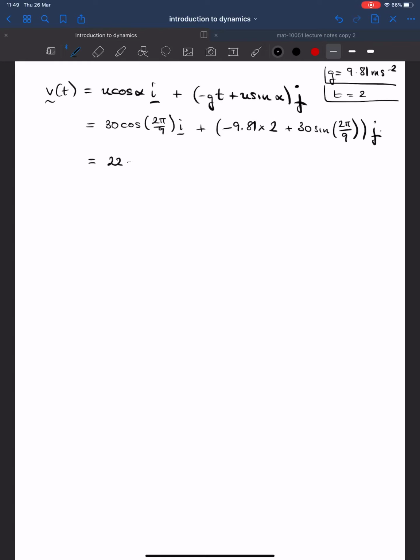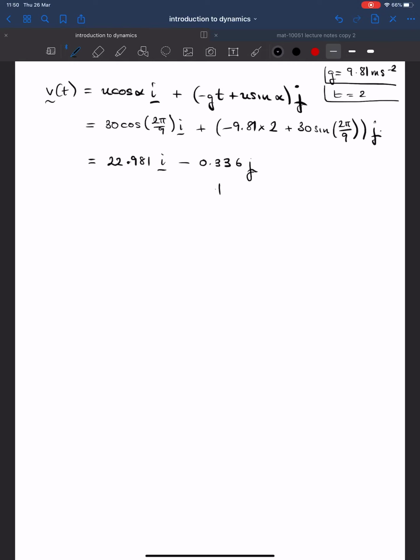Now I'm going to explain something here, and this is particularly useful with respect to some questions and assignments that you'll do in future. So I'm going to write this in like this. The first component is 22.981, and the second component is minus 0.3, or at least I get it to this.